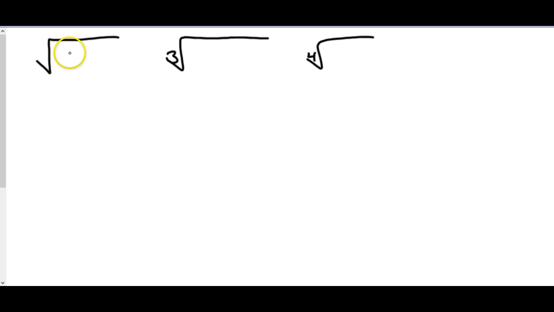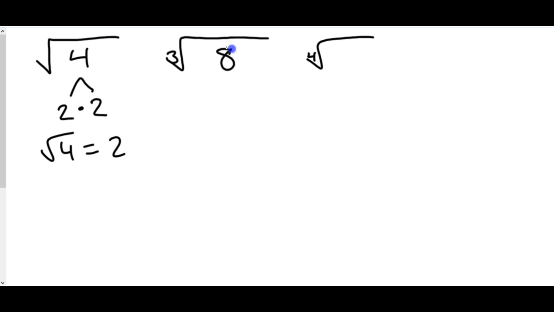The difference is, when you have the square root symbol, it's saying what number multiplied by itself equals the number inside. So 2 times 2 equals 4, so the square root of 4 is 2. If I'm doing cube root, then you're asking yourself what number multiplied by itself 3 times equals the number inside.